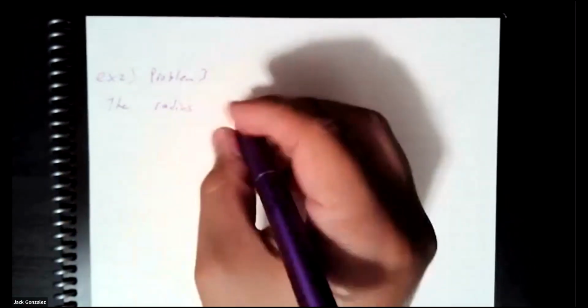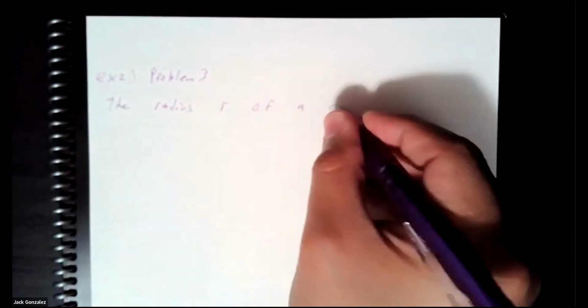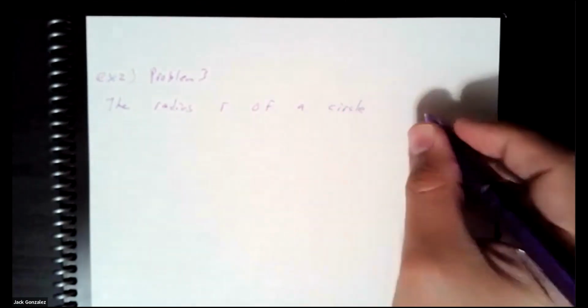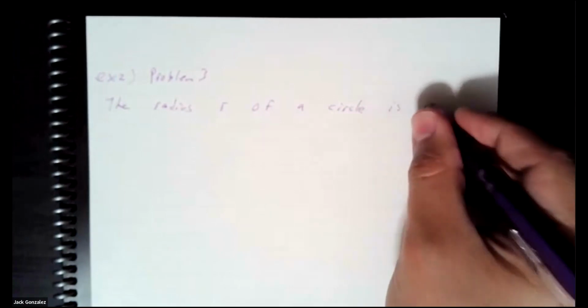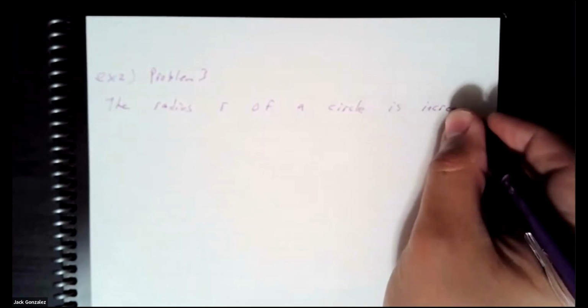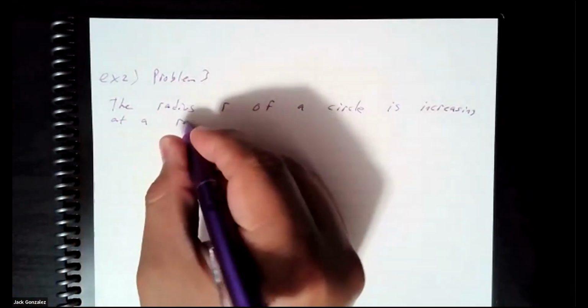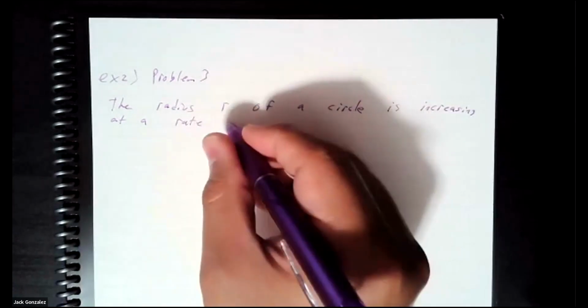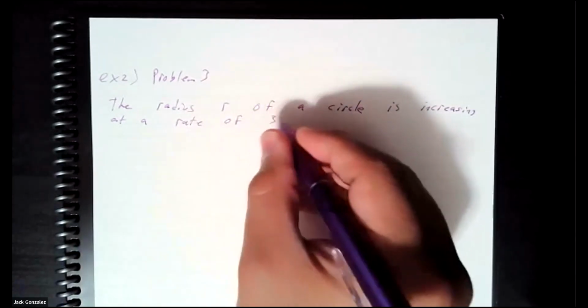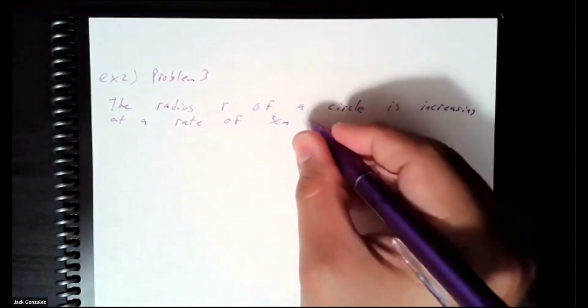The radius r of a circle is increasing at a rate of 3 centimeters per minute.